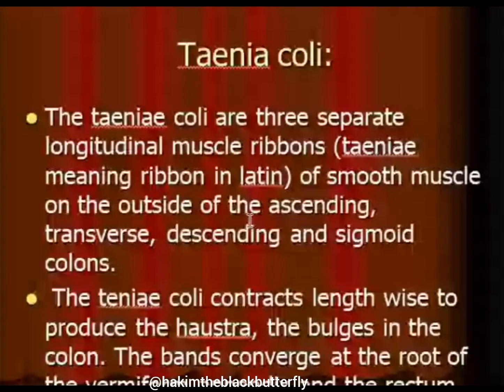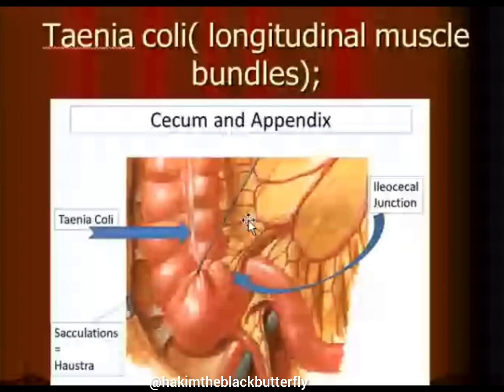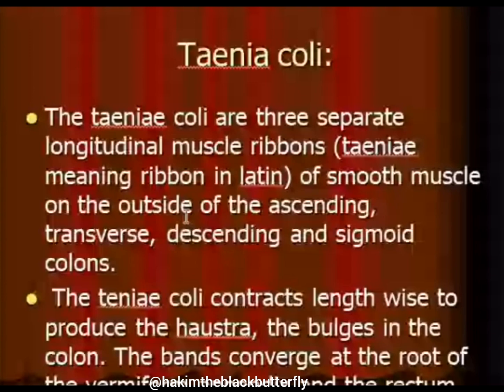Now, taeniae coli, I talked about them, that the longitudinal muscles along the colon and the cecum are grouped in only 3 bundles. Those bundles are known as taeniae coli. One is anterior, the 2 are posterior, posteromedial and posterolateral. And those are the ones we call the taeniae coli.